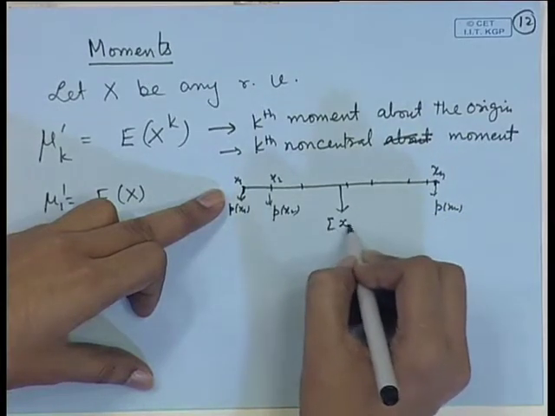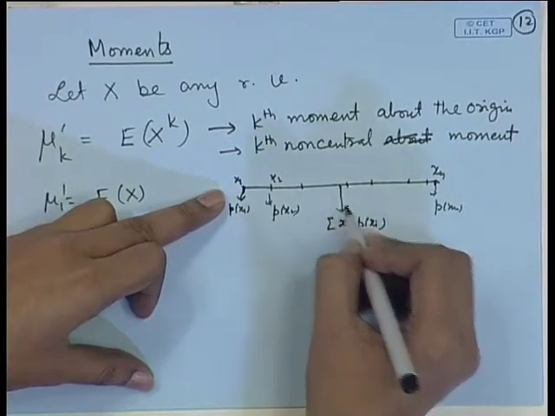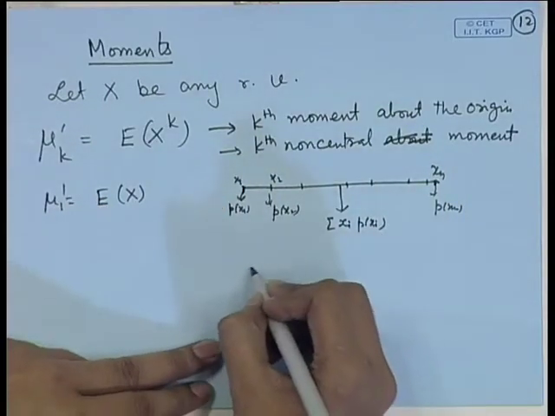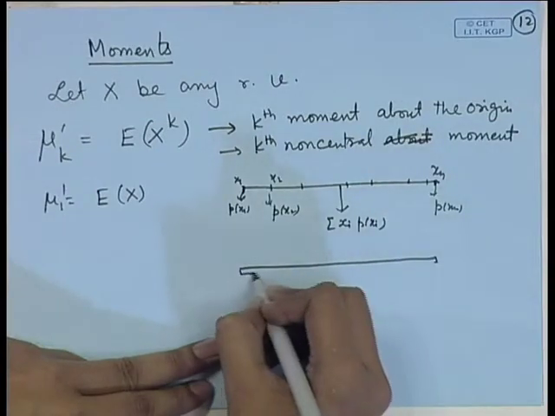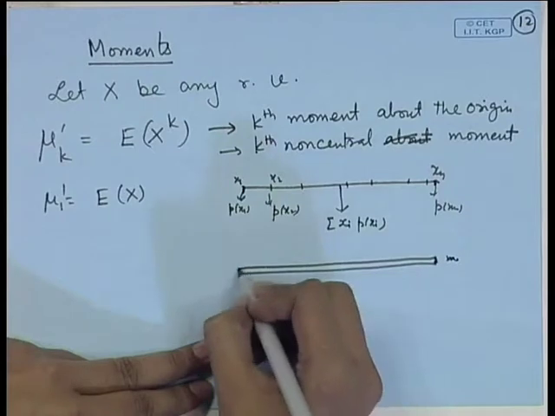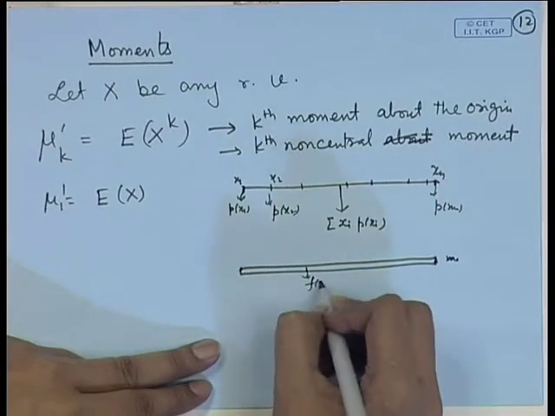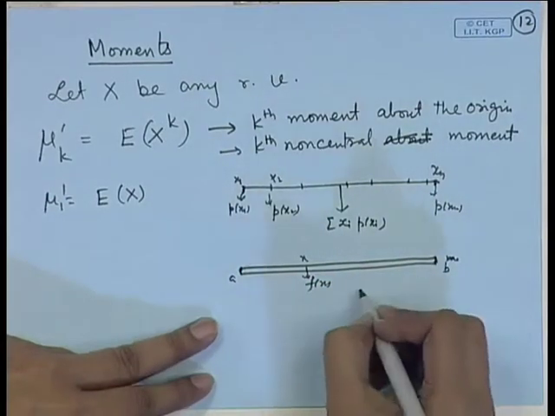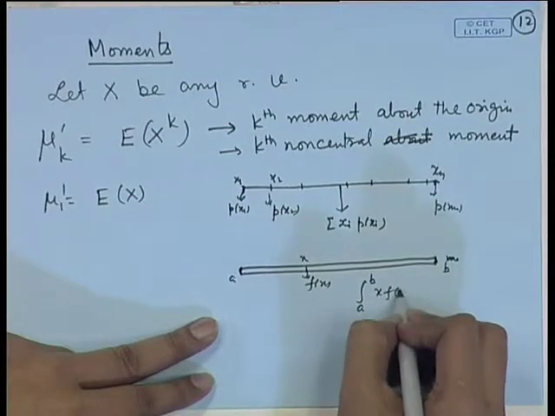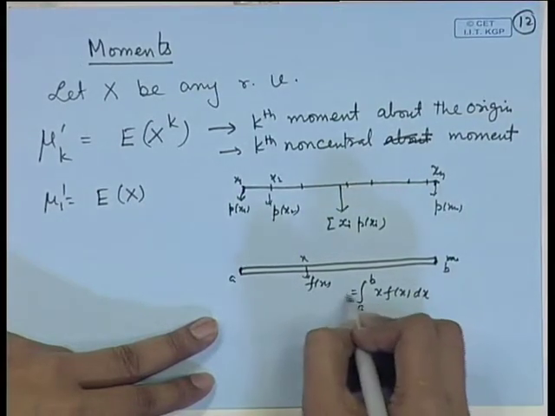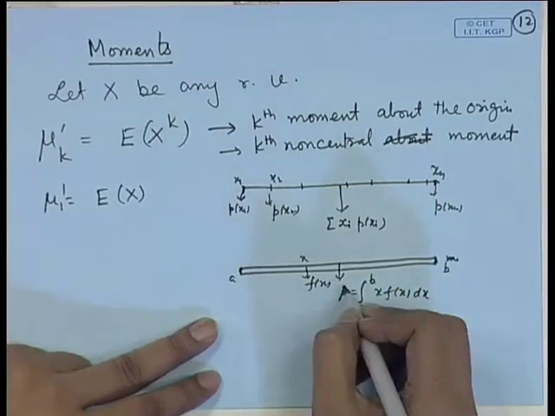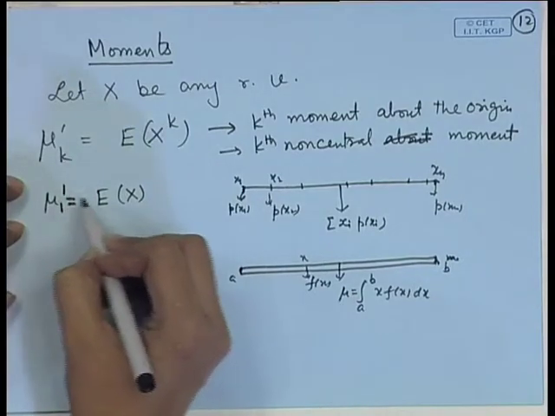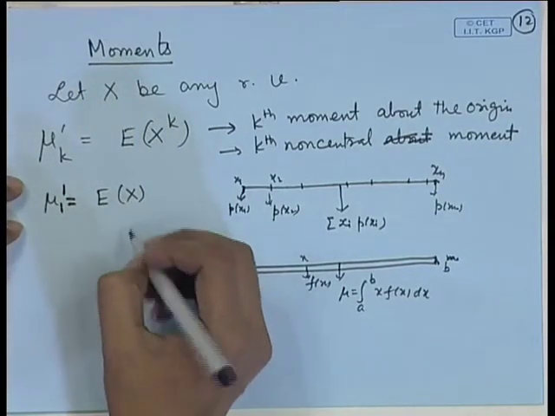That will be sigma x i p x i, the first moment. In a similar way, if we consider a metallic bar with the density f x at the point x, from point A to point B, then integral x f x dx denotes the balance point or the center of gravity of this bar. So, that is why mu 1 prime is the first moment about the origin of the random variable.